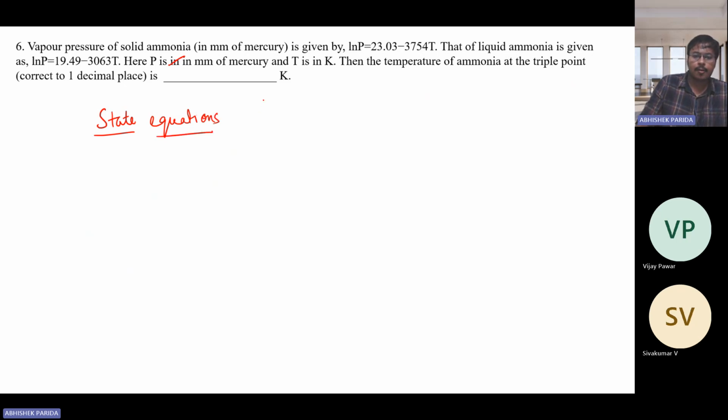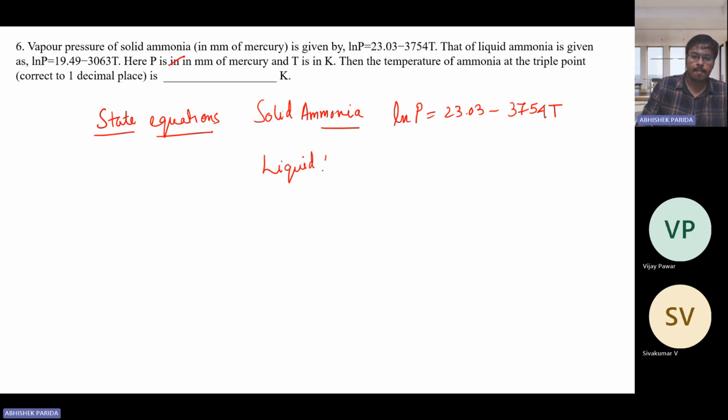Solid ammonia follows ln P equals 23.03 minus 3754 over T. Liquid ammonia is ln P equals 19.49 minus 3063 over T. Now it is asking what is the temperature of ammonia at the triple point.